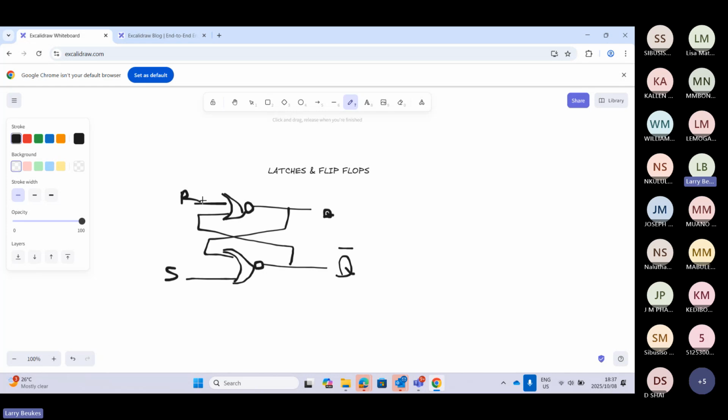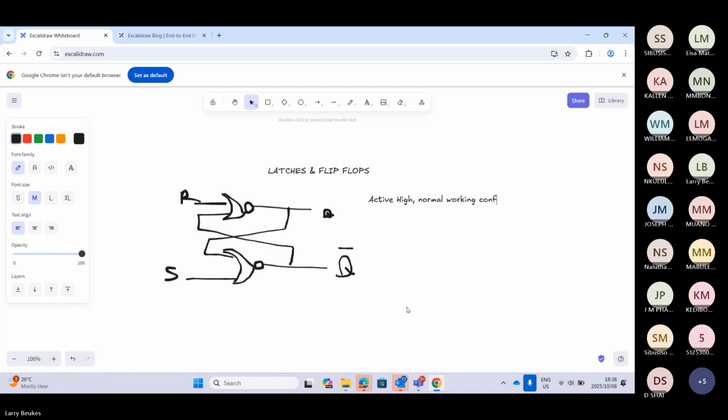So this is basically an active high, we say this is an active high SR latch, because the normal working condition for this is when it's low. The normal working condition means when S and R are low.